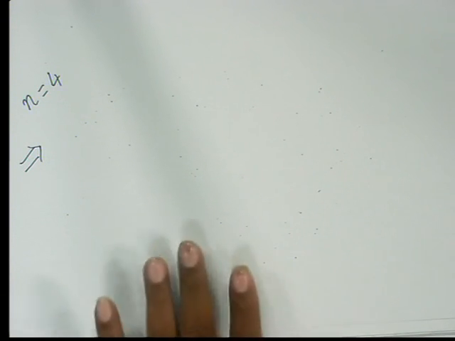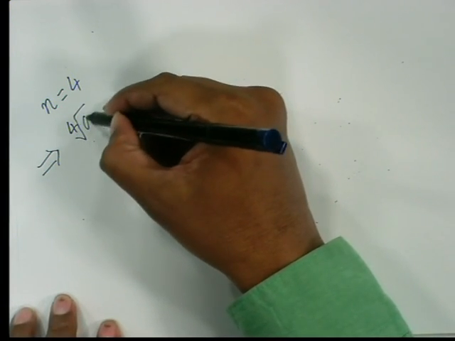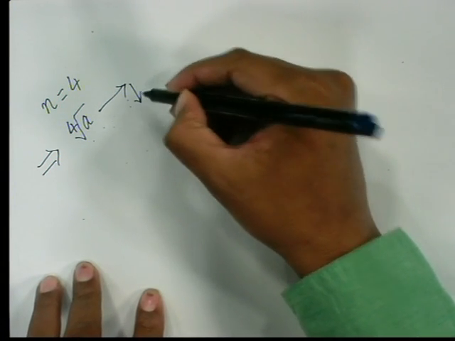In a similar manner, suppose we take n is equal to 4, let us see what we get. This is 4th root A. This 4th root A is called a biquadratic SURD.